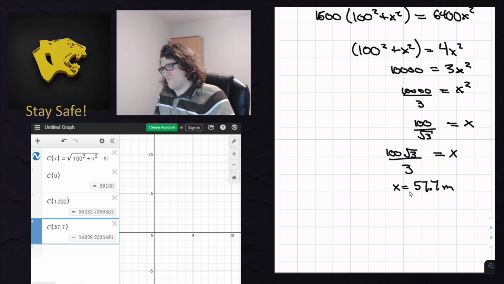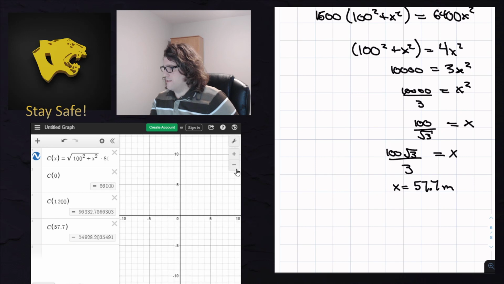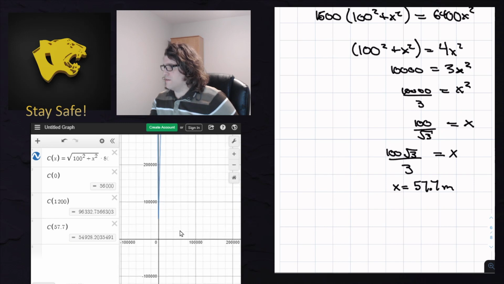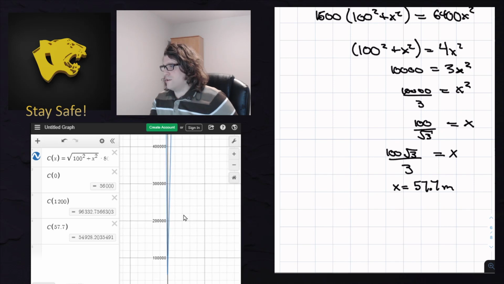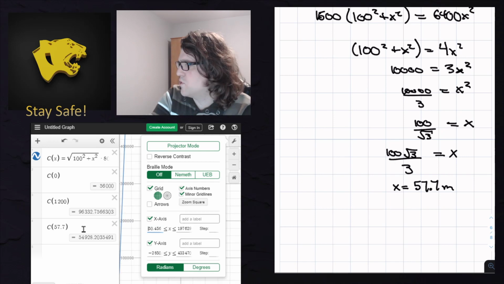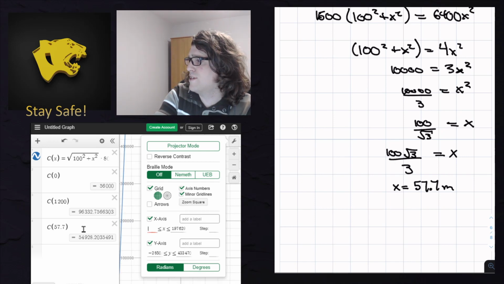Now, this is all well and good. Does it make sense in terms of the values? I could have scaled a little bit better, so let's talk about how to scale a graph appropriately given information that we know. The x values that we're interested in are between 0 and 1200.